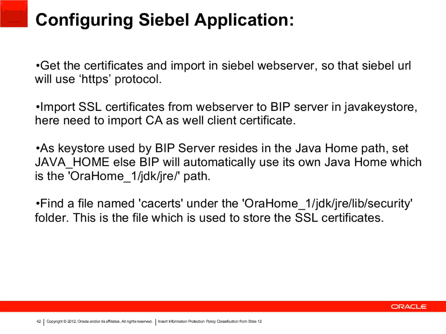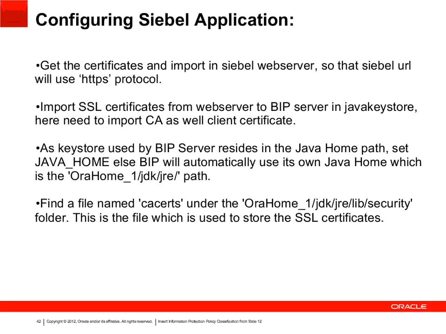If the Java home variable is not set, then it will automatically use its own Java home, which is located under the Java runtime environment, which is also called JRE. So as shown, it will be located in the Oracle home path under JDK and the JRE path. This will be used as the Java home.